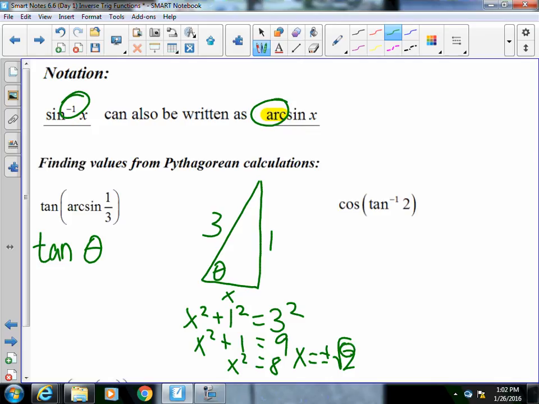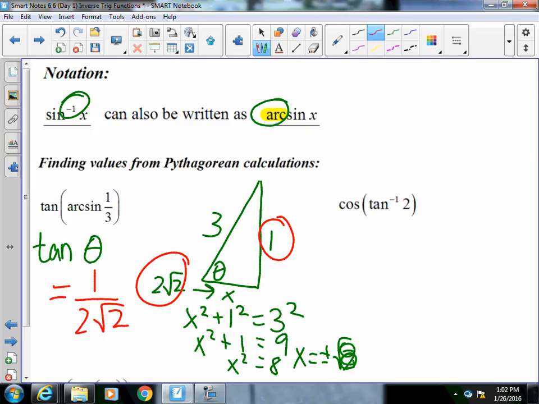So x is 2 radical 2. Has to be positive or it would be a side length. So now that I know all sides of the triangle, I can tell you what tangent of theta is. Well, tangent of theta is opposite over adjacent, so this is going to equal 1 divided by 2 radical 2. And if you needed to rationalize it for a multiple choice answer, please do.